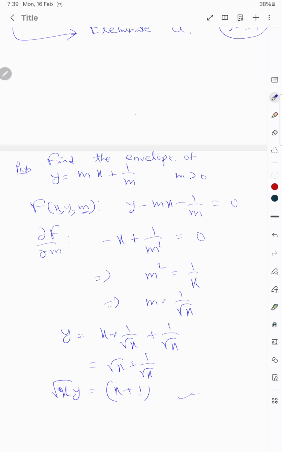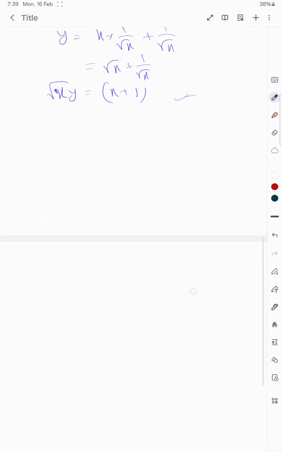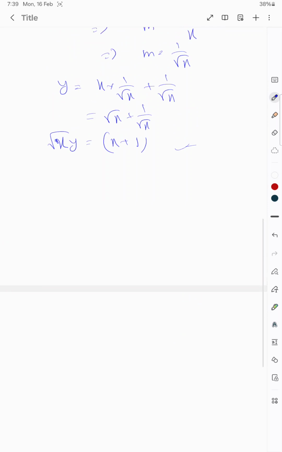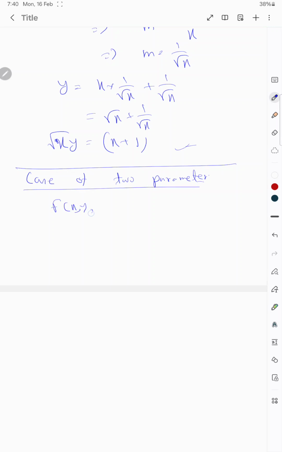Okay, so in that type of problem basically they will give you some extra relation. So suppose they give this type of problem, case of two parameter, so f of x comma y comma alpha comma beta is 0, and you have phi of alpha comma beta is 0.